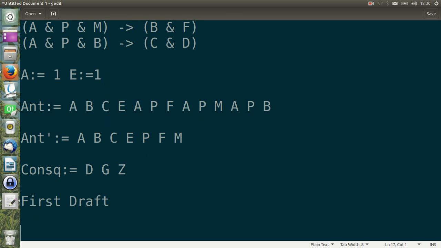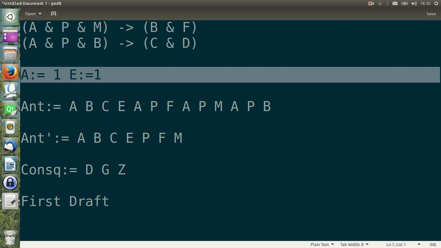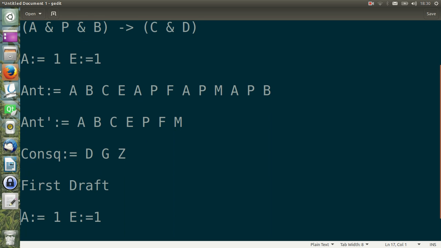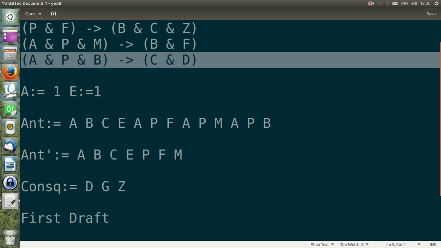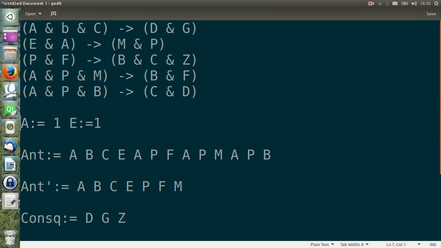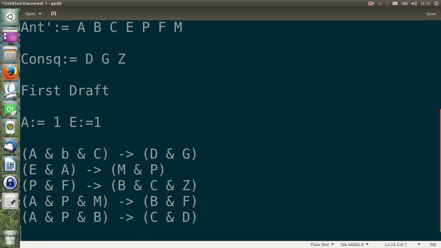Let's first write down the values of A and E. By those values, we will know that we need to use the modus ponens. A value is 1, B is unknown, C is unknown, D is unknown, G is unknown. So we can't infer anything here.